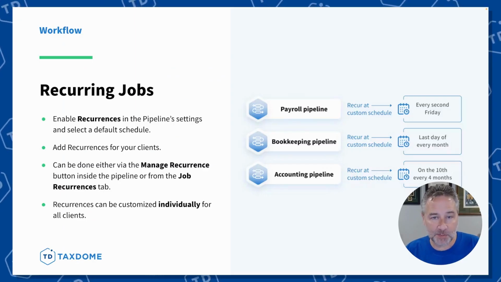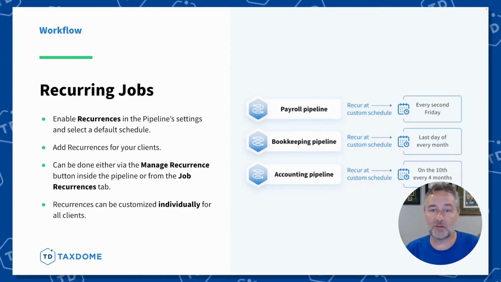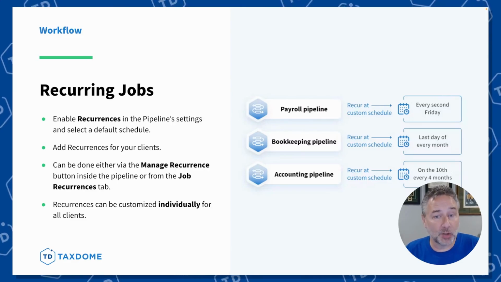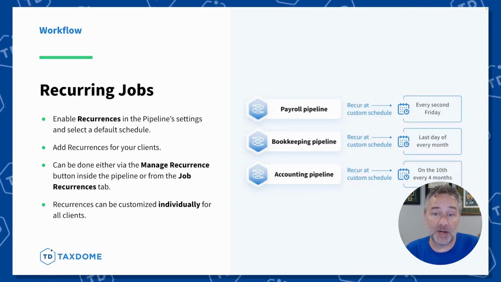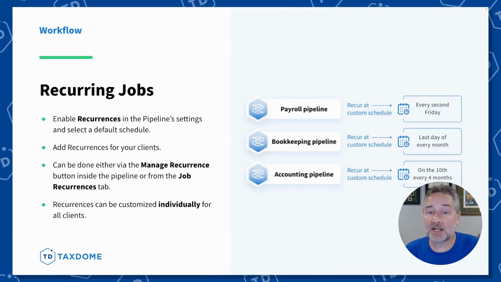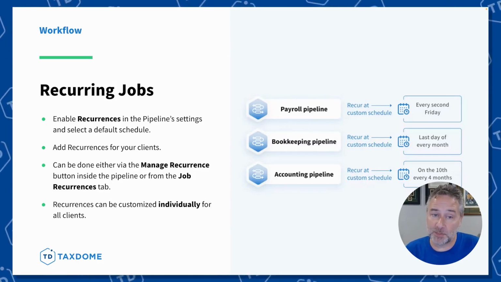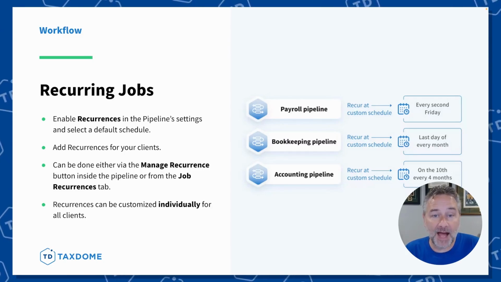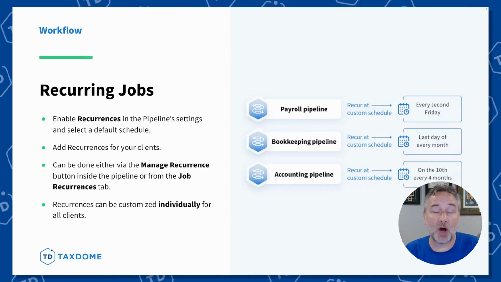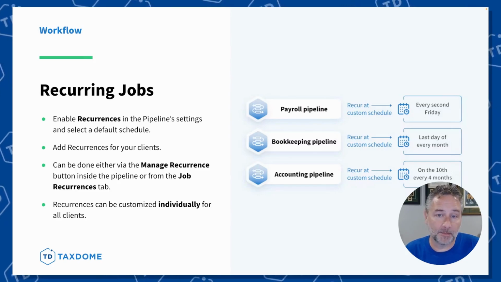Let's recap this part just to make sure we don't forget about any of the important points. To set up recurring jobs, you'll first need to enable recurrences in the pipeline settings and select default settings for a start date and recurrence period. After that, you have to add recurrences for the clients that you want to automatically create jobs for.